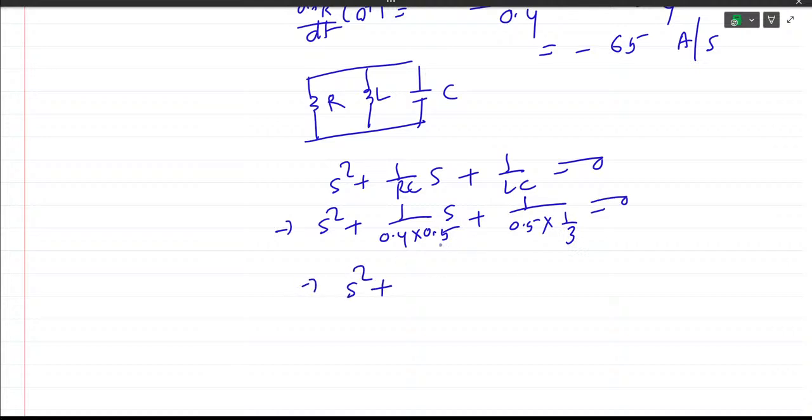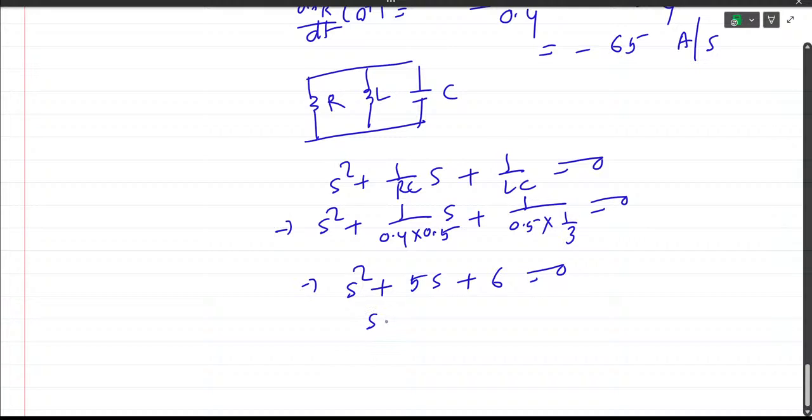S square plus, you see here, 100 upon 20, that is 5S, plus 30 upon 5, that is 6, equal to 0.